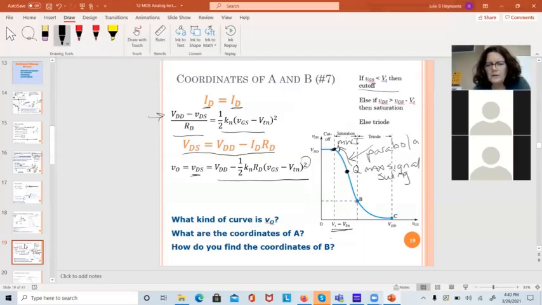People who operate their transistors down here are crazy. There's no advantage to this whatsoever. You have bad linearity, small signal swing, and you have high current.